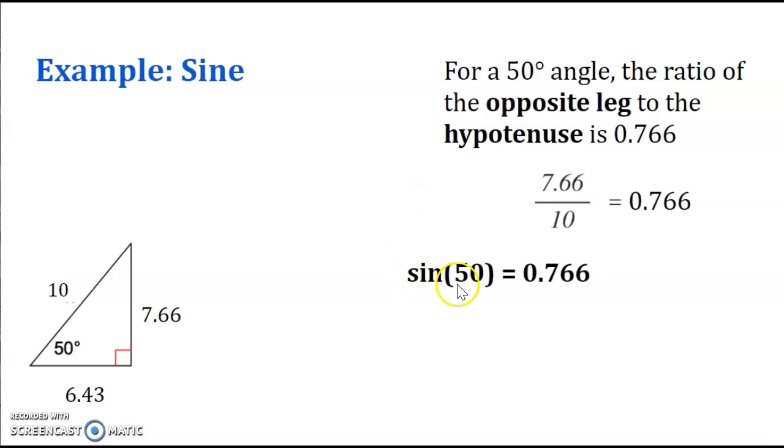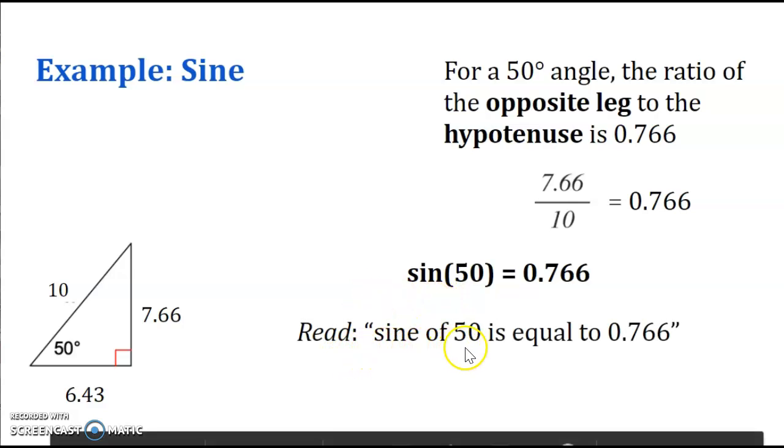We write it as sine of 50 degrees equals 0.766, and we read this as sine of 50 is equal to 0.766.